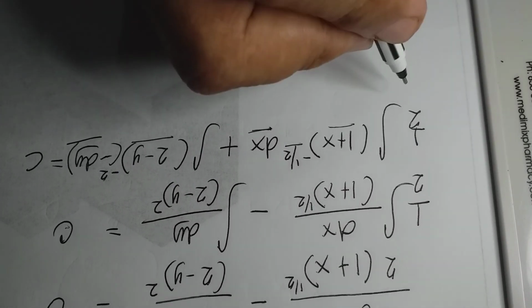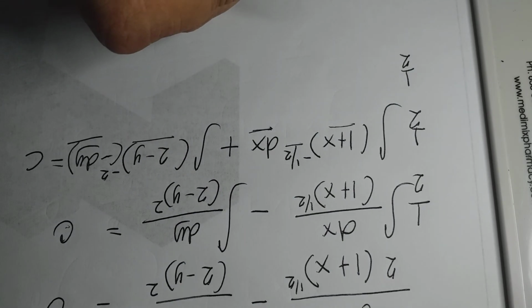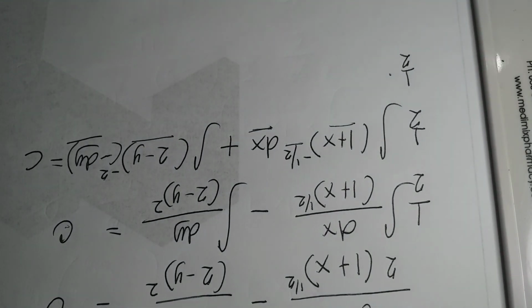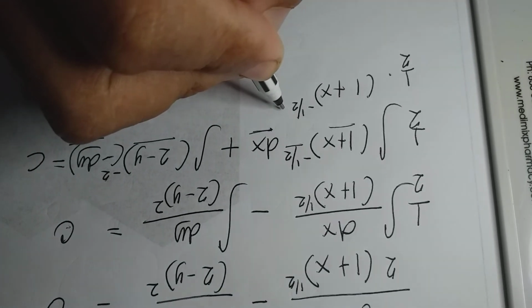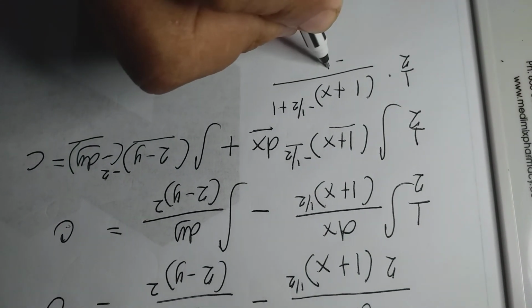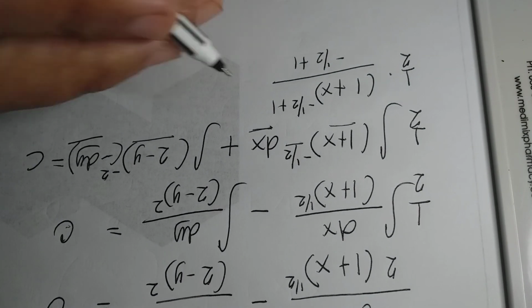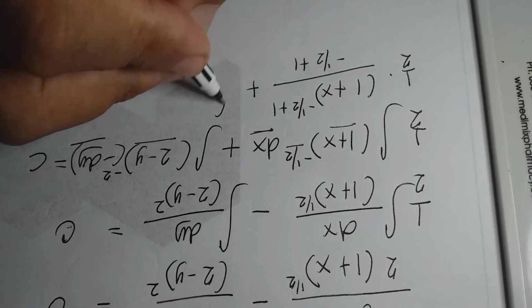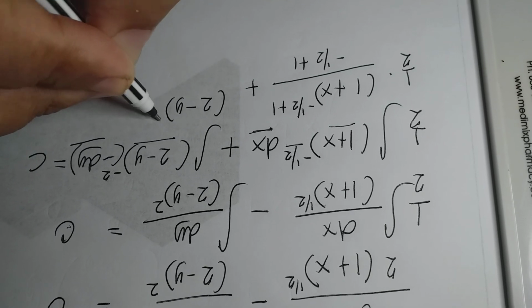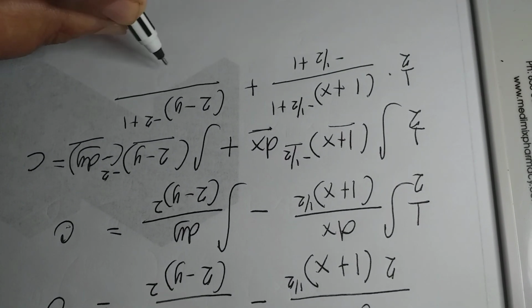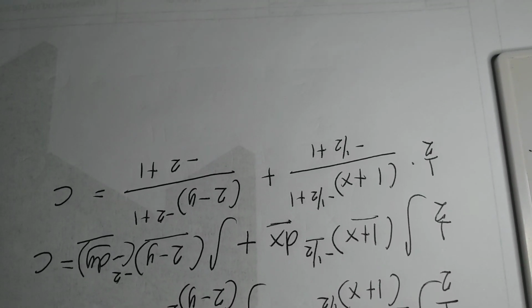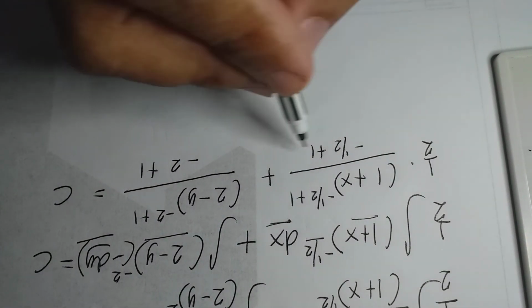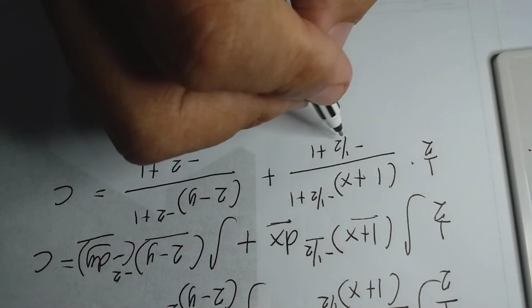Using the power formula, we have 1/2 times 1 plus x raised to negative 1/2 plus 1 over negative 1/2 plus 1 plus 2 minus y to the negative 2 plus 1 over negative 2 plus 1 is equal to c. Okay? So negative 1/2 plus 1 is 1/2.